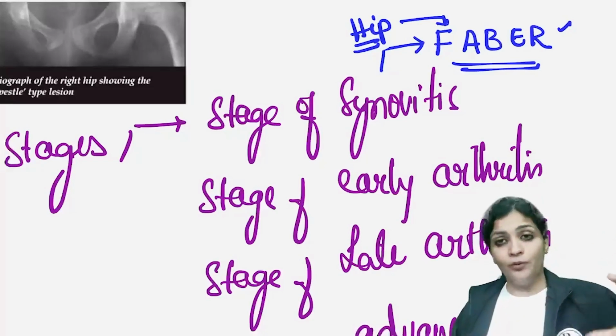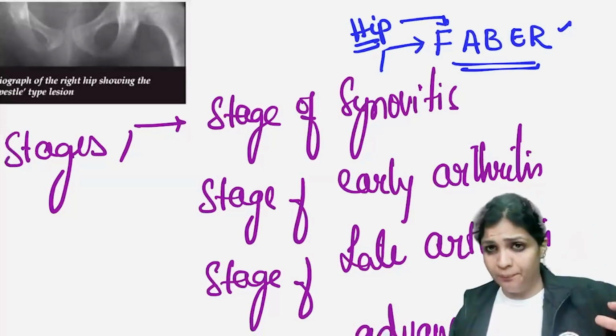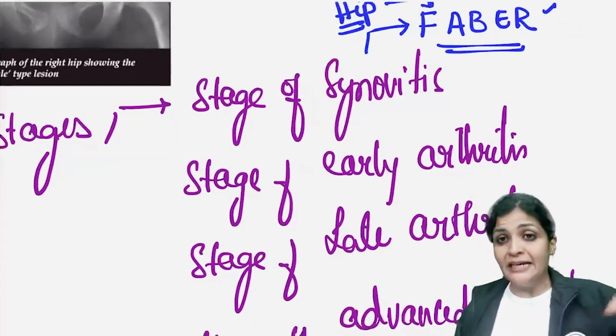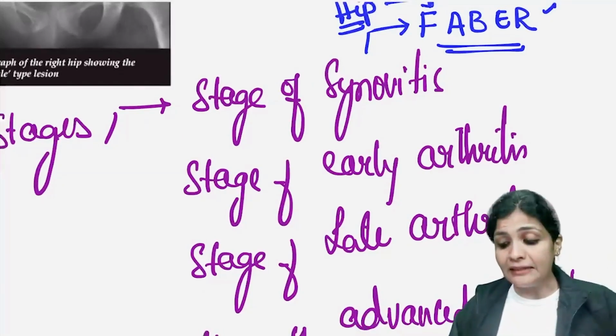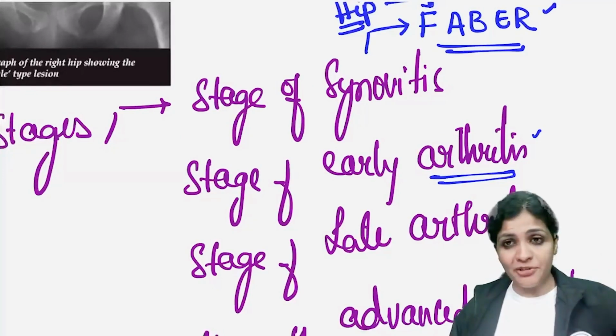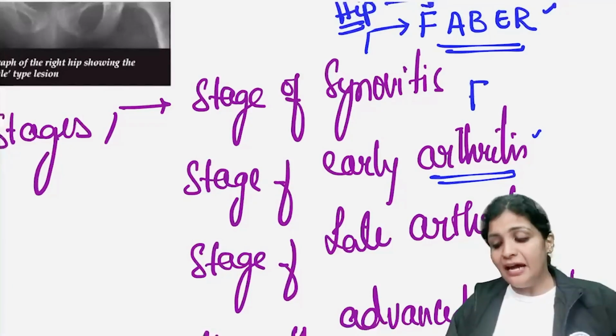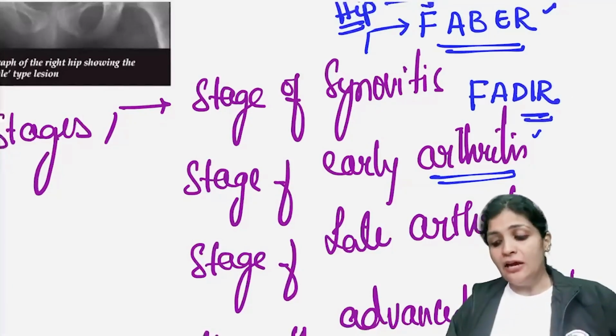Once the synovial fluid has been resorbed, the synovitis stage has gone, and now there is damage to the tissue inside the joint, which results in arthritis. Arthritis is inflammation of the joint. Synovial inflammation is done. Now the joint structures have been damaged, resulting in arthritis. Now it goes into flexion, adduction and internal rotation.